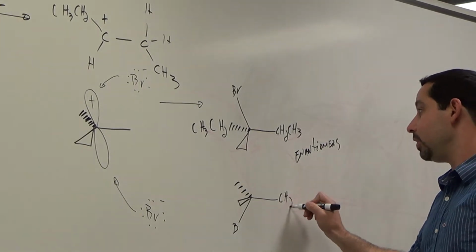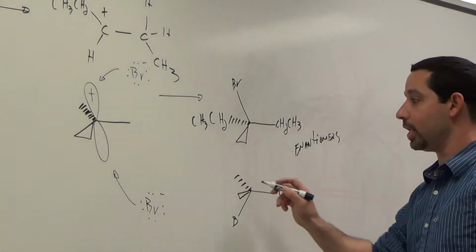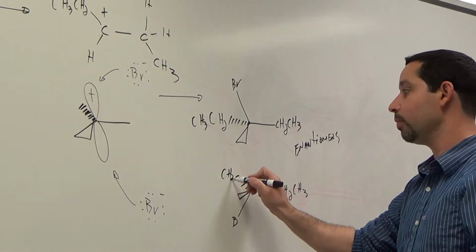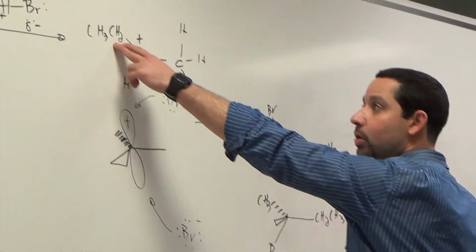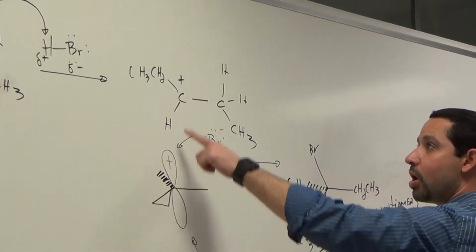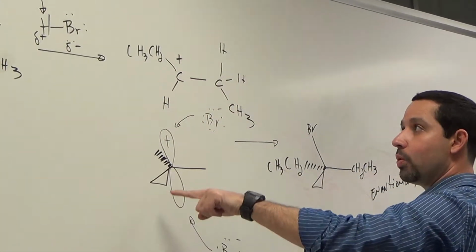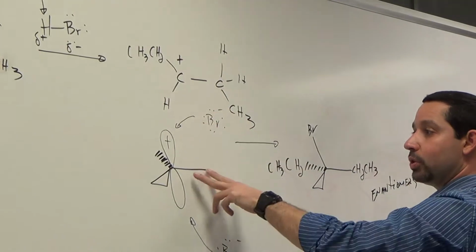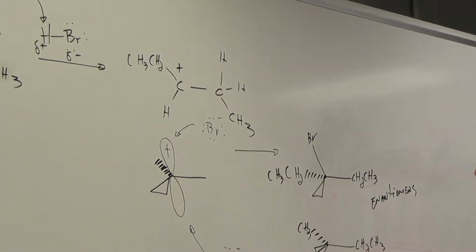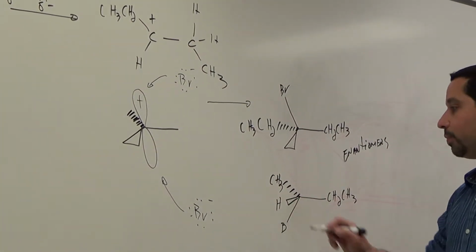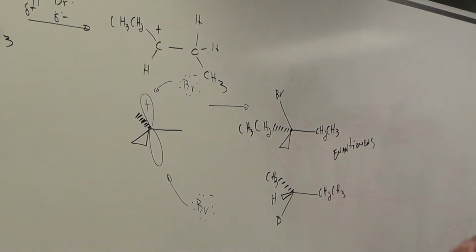But if these are different, so this CH2 was where? It's here on the top, yes? So when you draw this, it is going to be towards the back, and whatever is here will be towards the front. And whatever this is going to stay on that plane. And so this will be the hydrogen. They are enantiomers of each other.